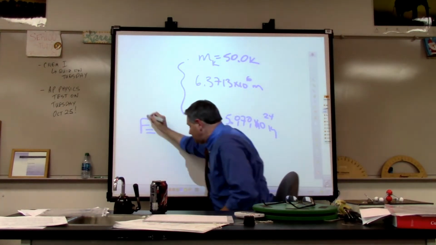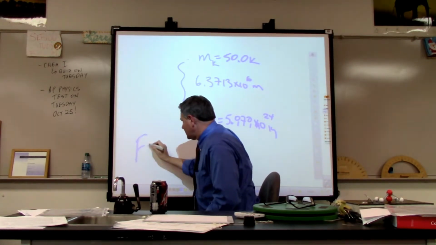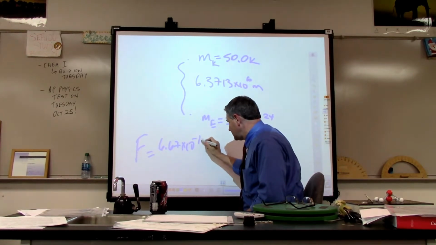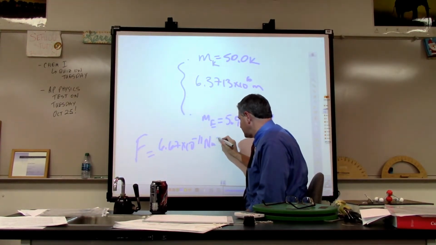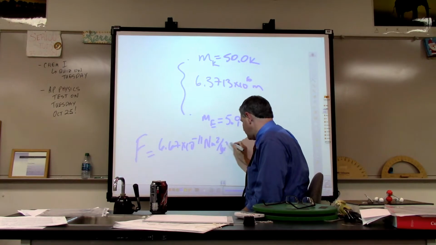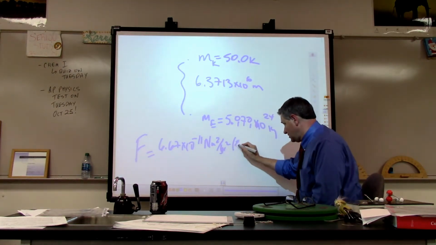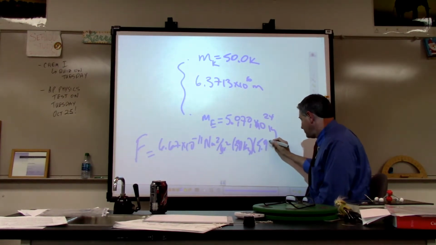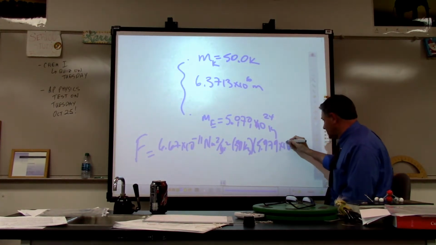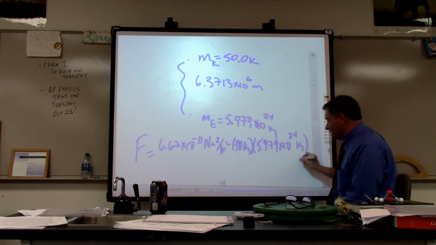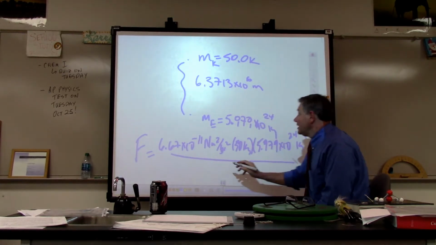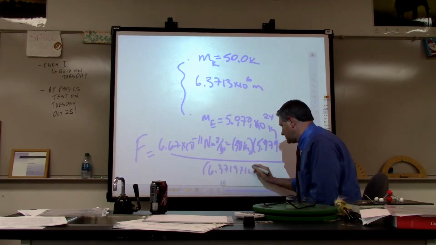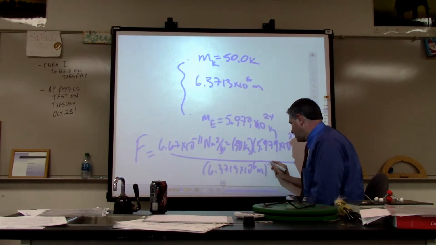So this force is going to be 6.67 times 10 to the negative 11th newton meters squared over kilograms squared, times the mass of Kendra, 50 kilograms, times 5.979 times 10 to the 24th kilograms, divided by 6.3713 times 10 to the 6th meters squared.